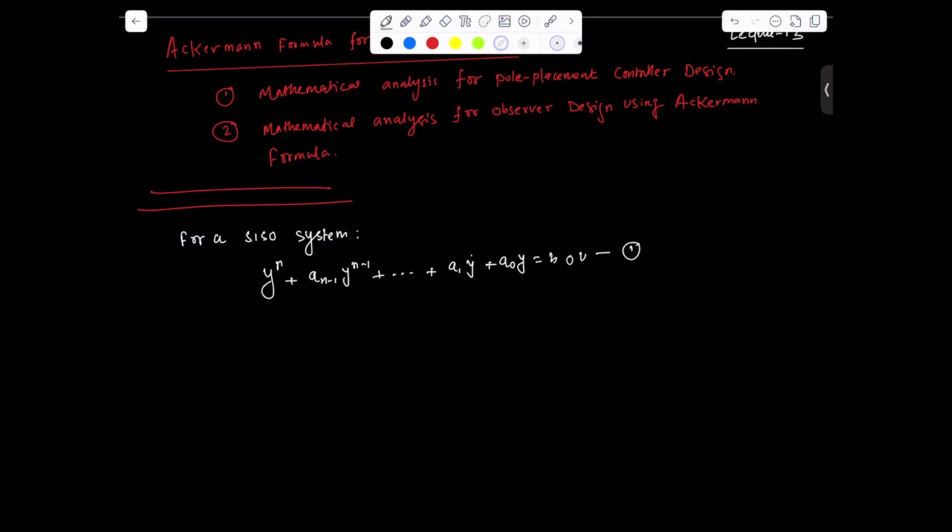Here we have the input, and y is the only state available in the system.